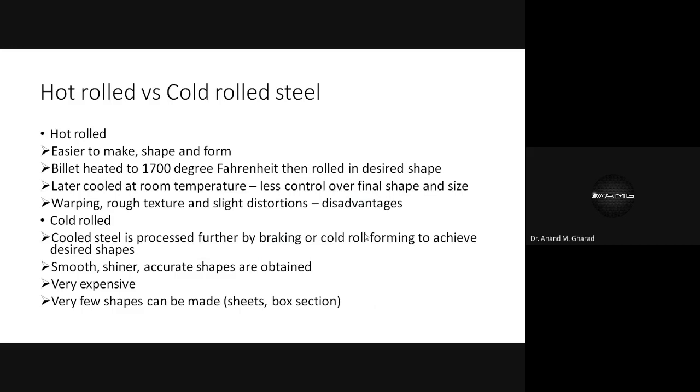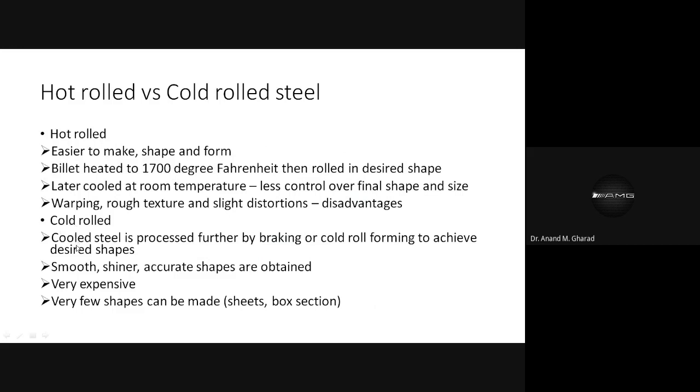Because of that, warping, rough texture, and slight distortions can be observed, and they are the reason for the disadvantages of hot roll section. But this is the advantage, easy to make shape and form. Owing to this, hot roll sections are preferred.